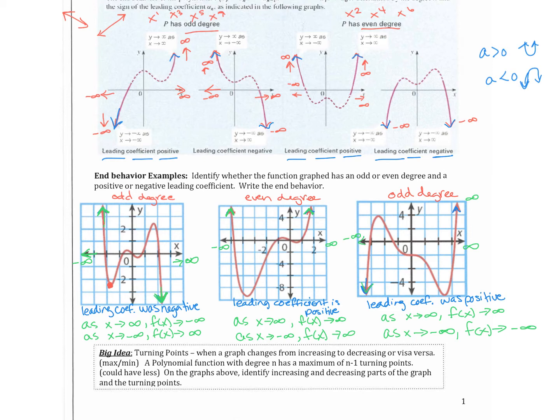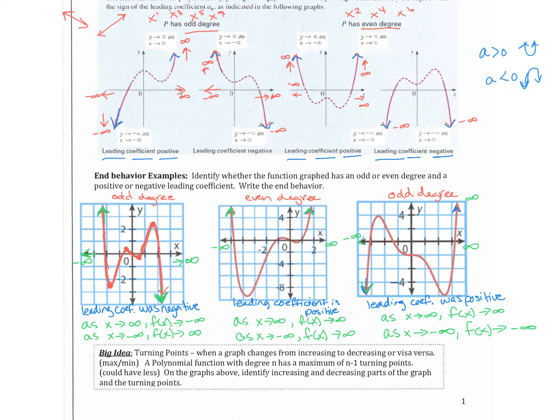And so my graph was decreasing to this minimum point right here. Then it starts increasing and now I'm to another max. And then it starts decreasing again. I get to another min and I change directions and I start increasing again until I get to another max and I start decreasing again.